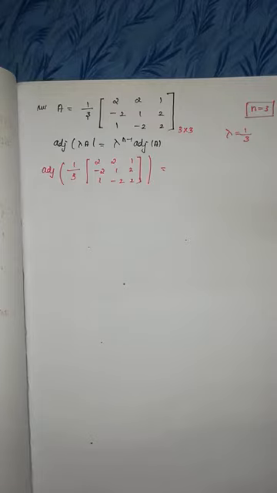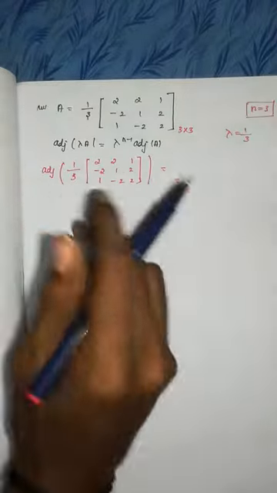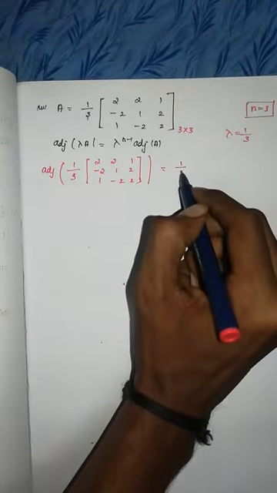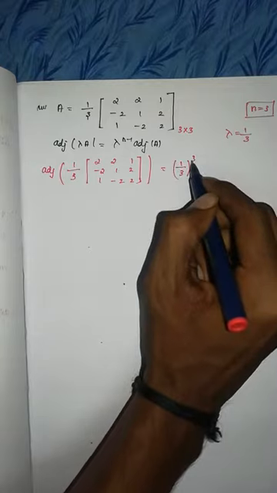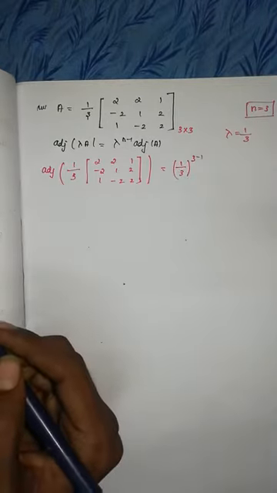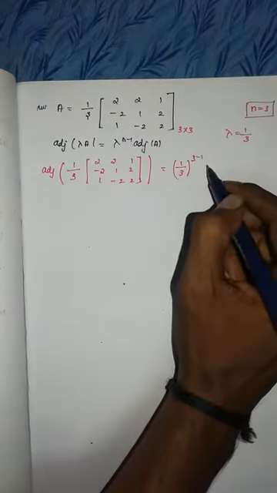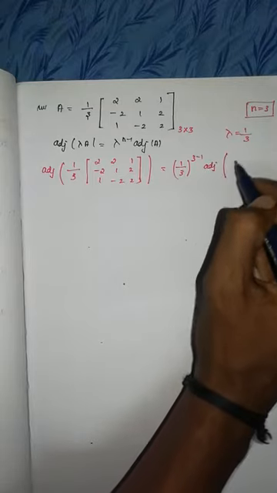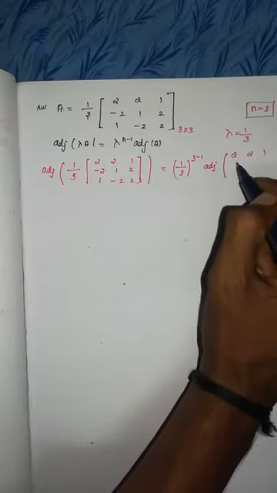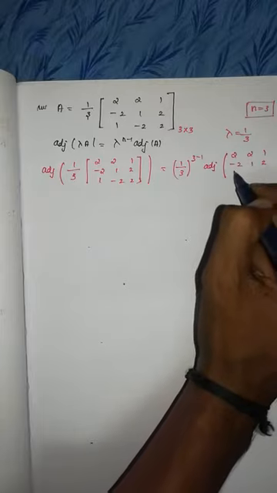ஸோ இயர் ஐ ஹவ் லாம்டா இஸ் 1 by 3 and n is 3. So if I apply this result, I have 1 by 3 to the power 3 minus 1. So since n is 3, 3 minus 1 into adjoint of A, 2 2 1, minus 2 1 2, 1 minus 2 2.